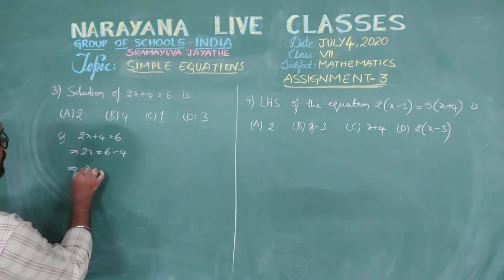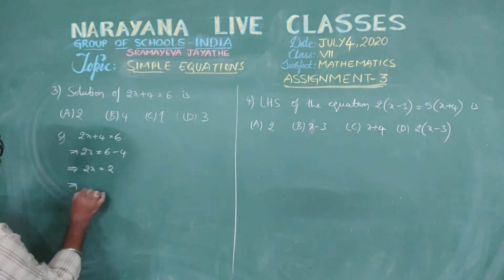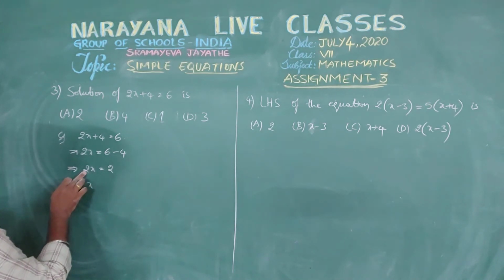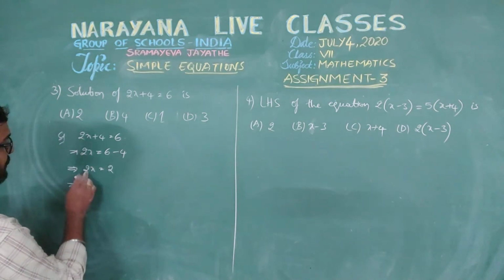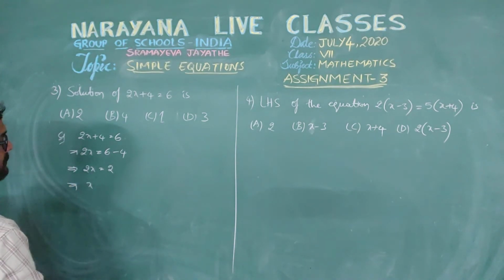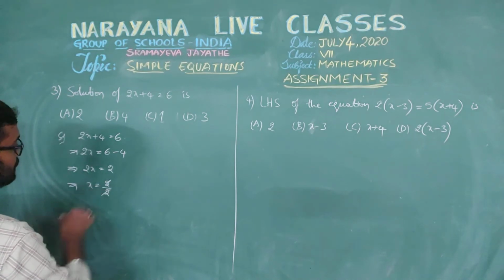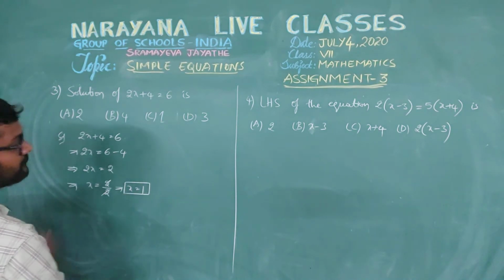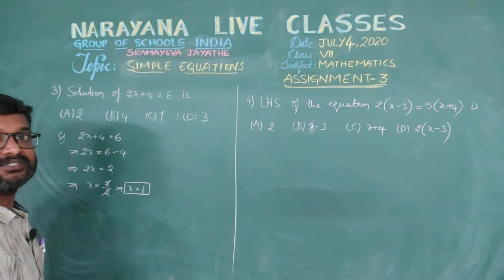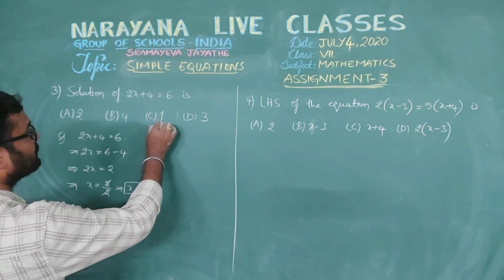Now 2x is equal to 6 minus 4, which is 2. Now transpose this 2 to RHS, then multiplication becomes division. Now x is equal to 2 by 2, the 2s get cancelled. Now x is equal to 1. So our option is C.